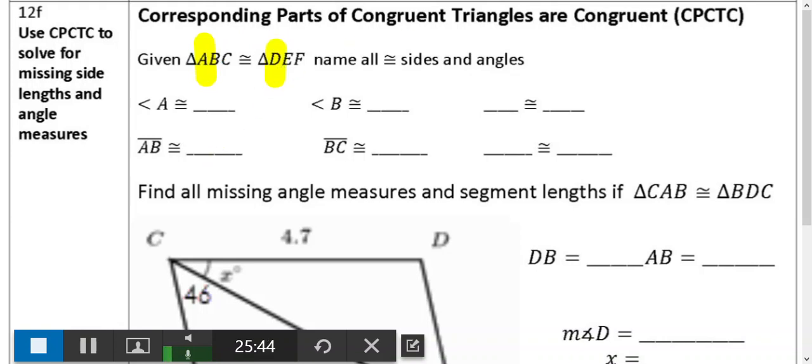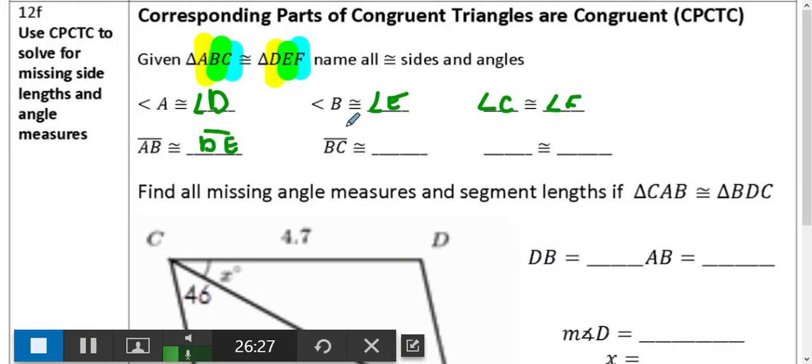So we had A and D equal to each other, and then we have B and E, and then we have C and F. So if we look at angle A, it would equal angle D. And angle B would be angle E. And if we were to look at our last angle, angle C is congruent to angle F. AB, the first and second spots, would be congruent to DE.